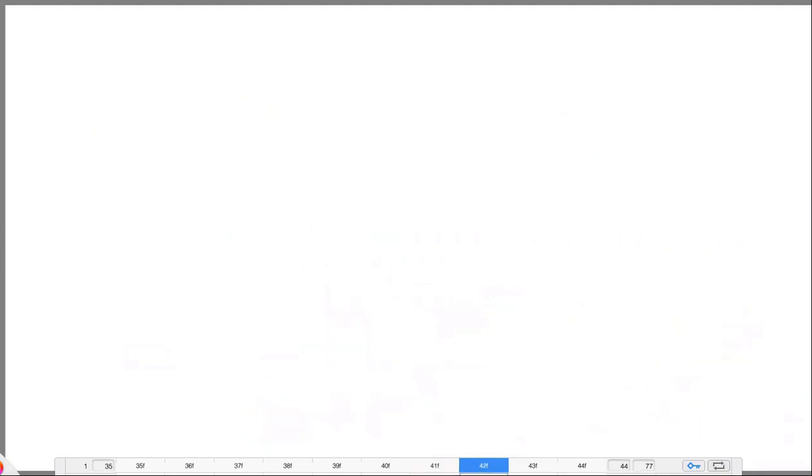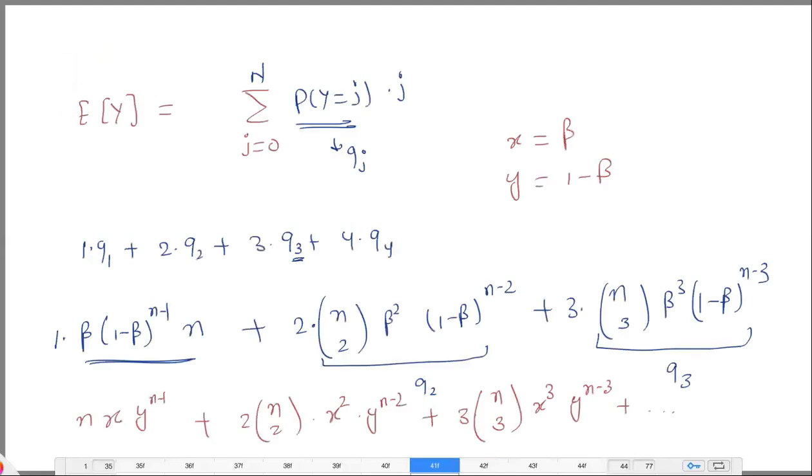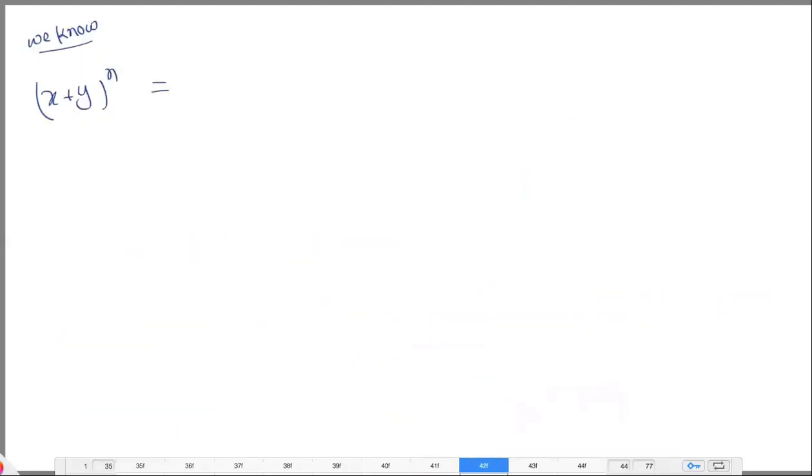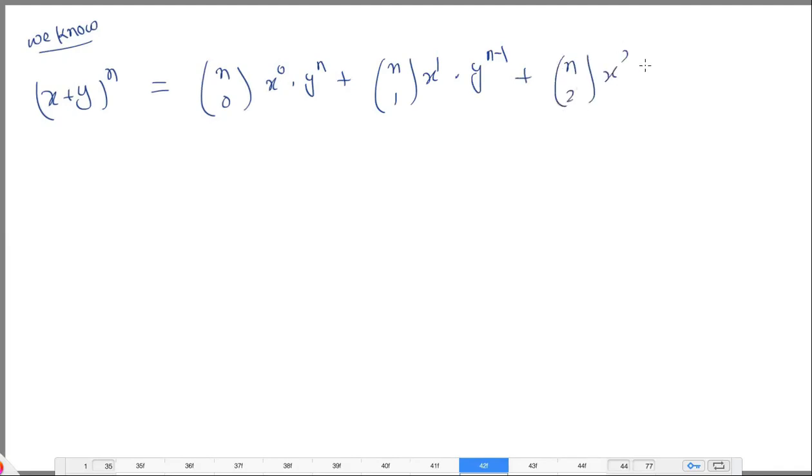Do you recall what is (x plus y) power n? This is what we know. It is equal to nC0 x power 0 into y power n, plus nC1 into x power 1 into y power n minus 1, plus nC2 into x power 2 into y power n minus 2, like that till n.